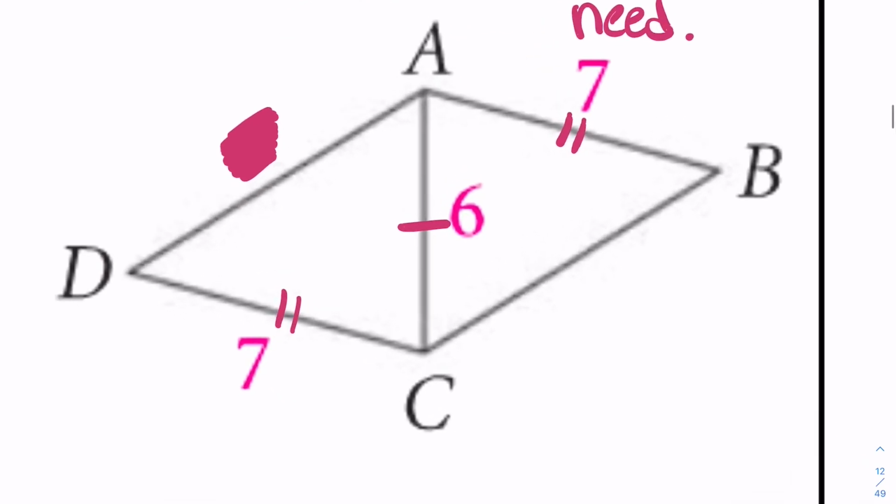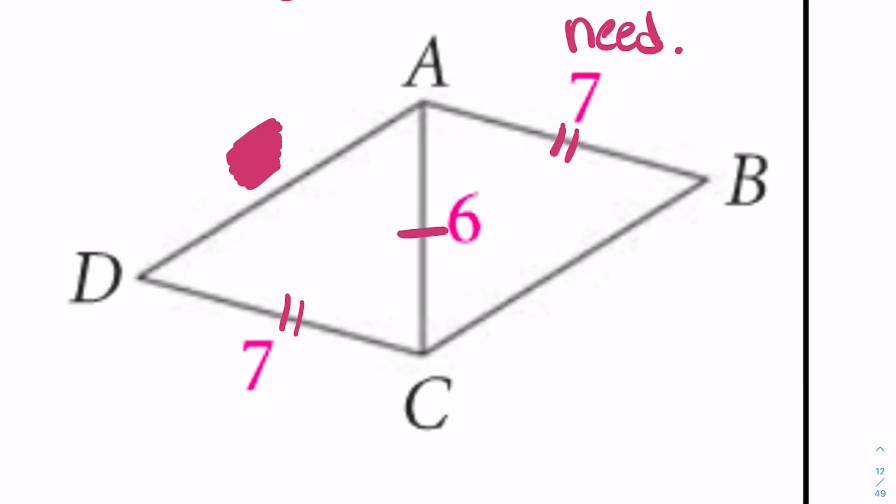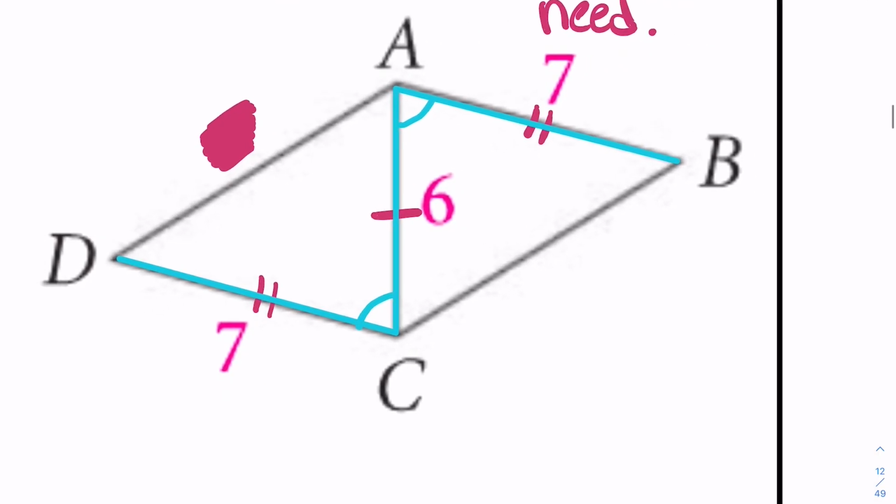And now I'm going to take a look at, okay, what do they have in common? So they have this side in common. They both have this side in common. So now when you go to look at your angles, you go, well, what angles are between both of these? It's this angle here and this angle here. Those are the included angles. So I need to know, is this angle and this angle congruent?